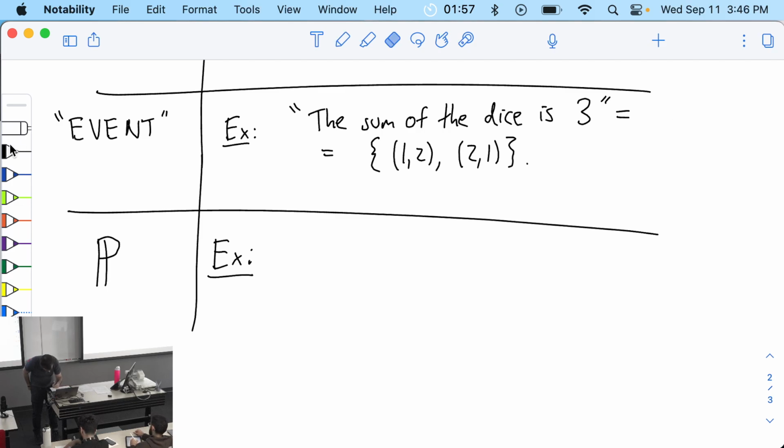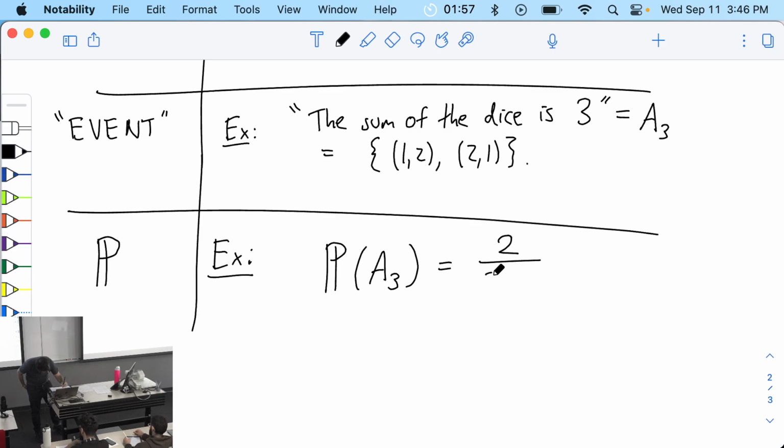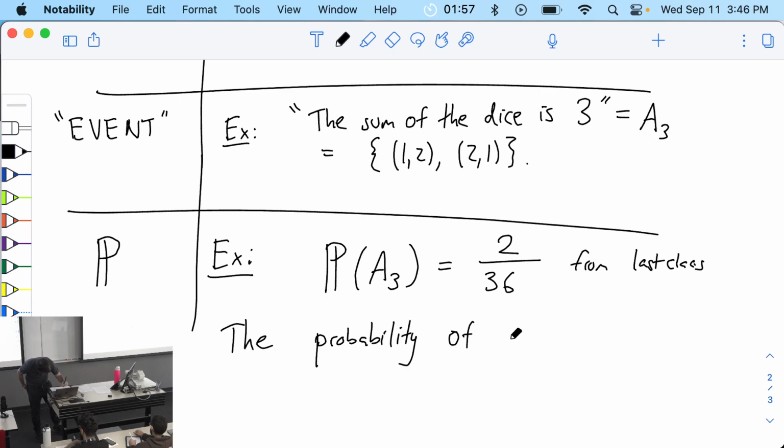Okay, S is already taken. Let's call that A sub 3 for the sum of the dice is 3. And we know that the probability of the set A3, that's what we did last class, is 2 over 36 from last class. And this symbol means the probability of an event.